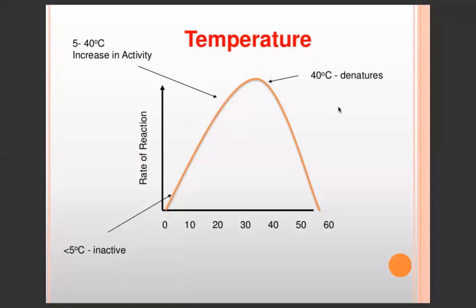After 40 degrees C, it decreases. This is not for every enzyme. The temperature level is different for each enzyme. This is just a simple concept: beyond that temperature, the enzyme is denatured.